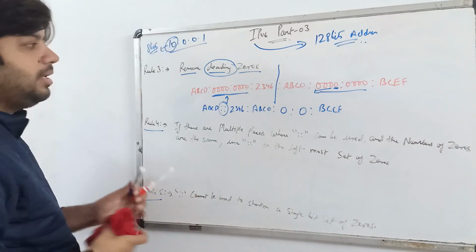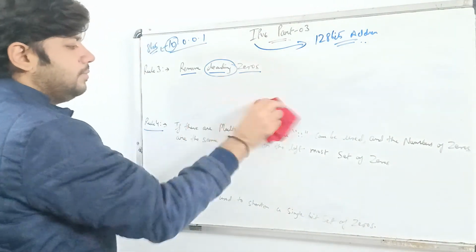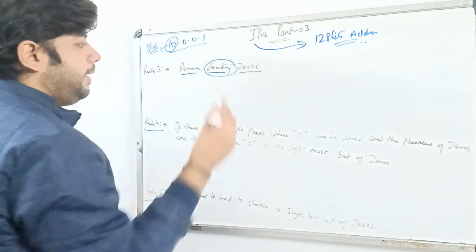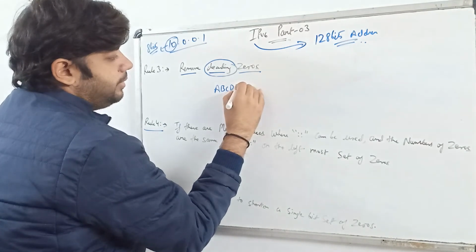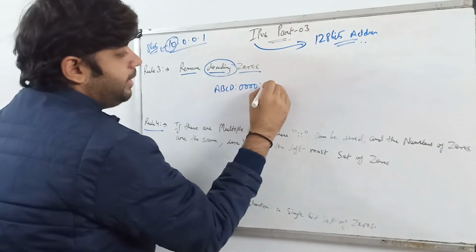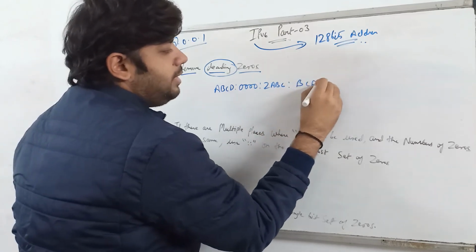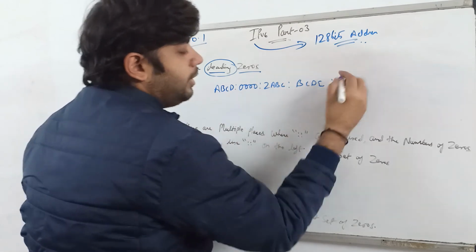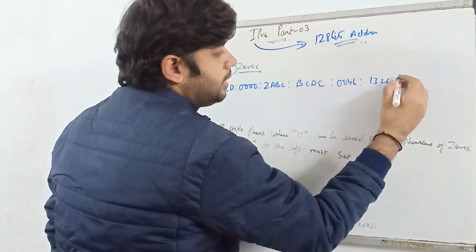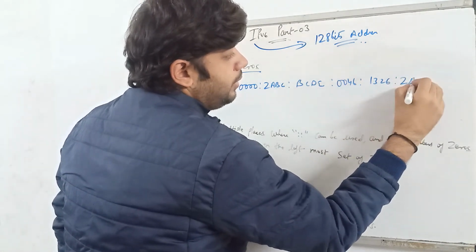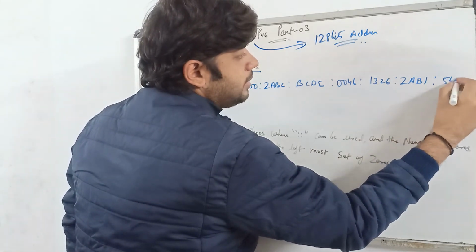Now what is the meaning? The last thing you need to understand is, imagine again A, B, C, D, and we have 0, 0, 0, 0, then 2, A, B, C, then B, C, D, E, then 1, 2, 3, 4, then 0, 0, 4, 6, then 1, 3, 2, 6, 6, then 2, A, B, 1, and then 5, 6, 8, 6.